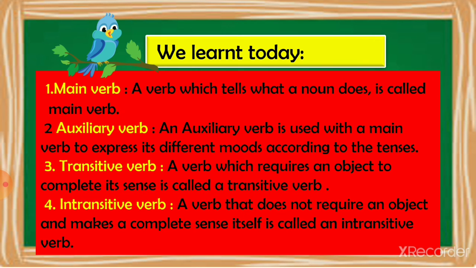So today we learned main verb. A verb which tells what a noun does is called a main verb. Auxiliary verb: an auxiliary verb is used with a main verb to express its different moods according to the tenses. Transitive verb: a verb which requires an object to complete its sense is called a transitive verb. Intransitive verb: a verb that does not require an object and makes complete sense by itself is called an intransitive verb.